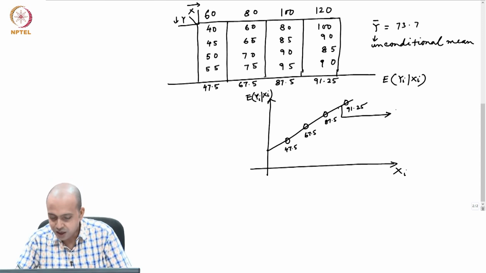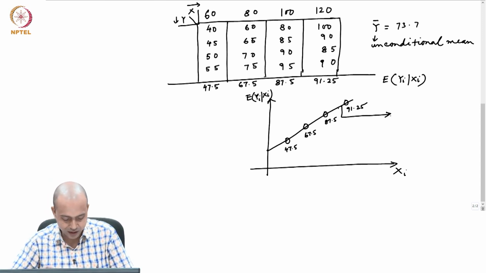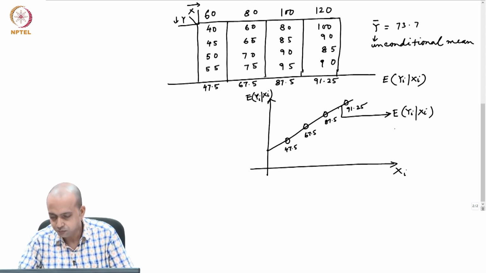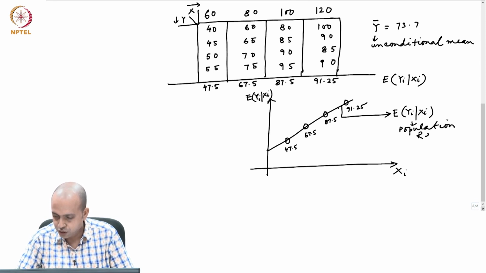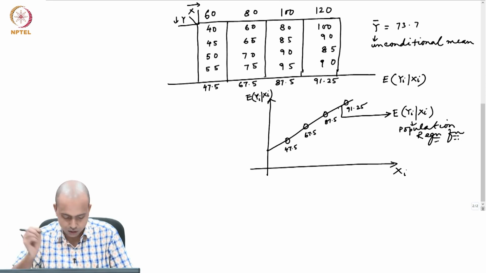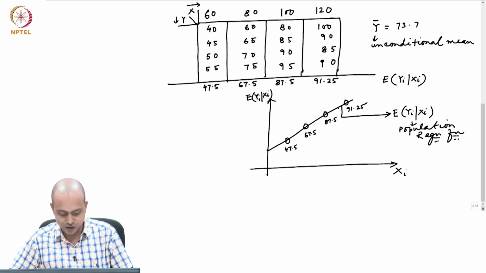So I am now getting the regression line, which is expectation of yi given xi, which is called the population regression function, the population regression function.